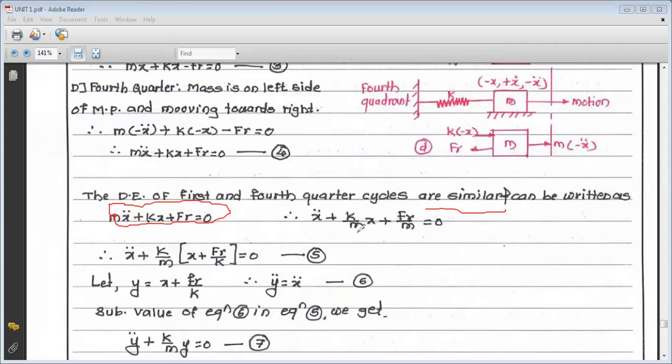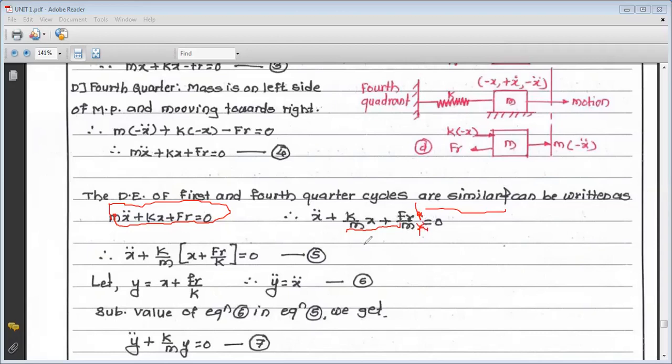Now this is k by m, and again we can multiply and divide by m by k, so m gets cancelled.